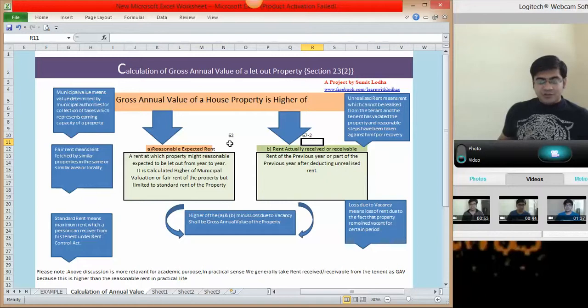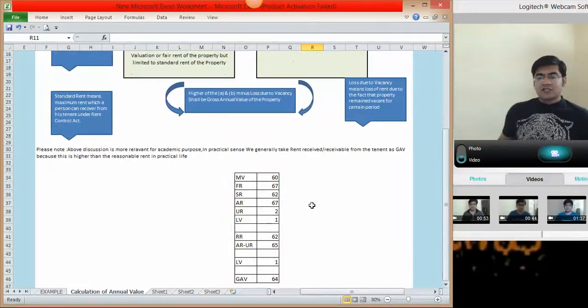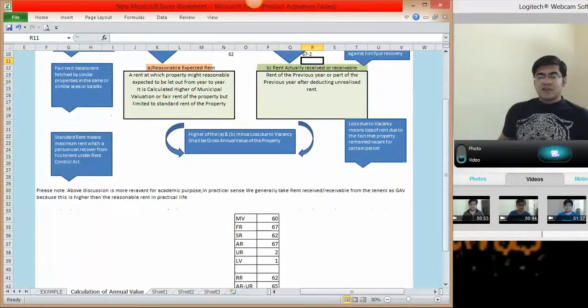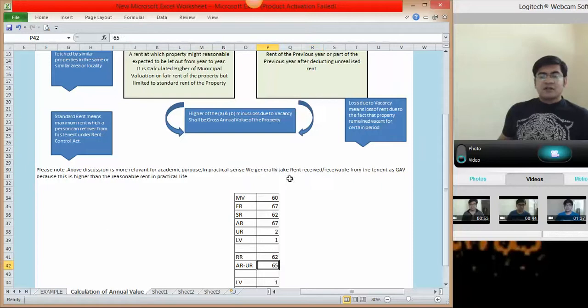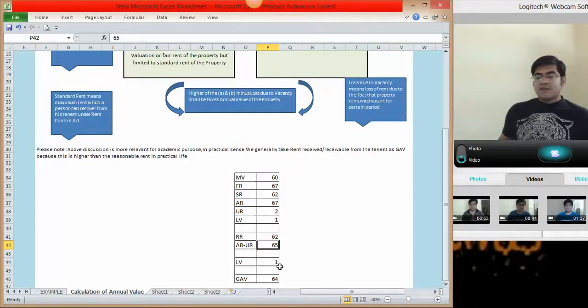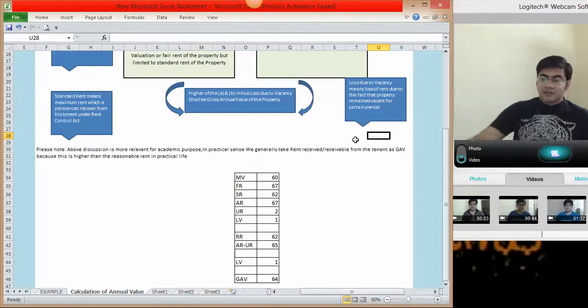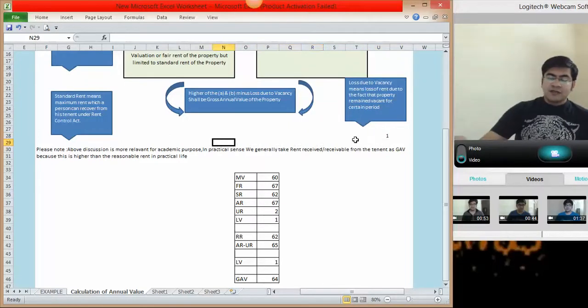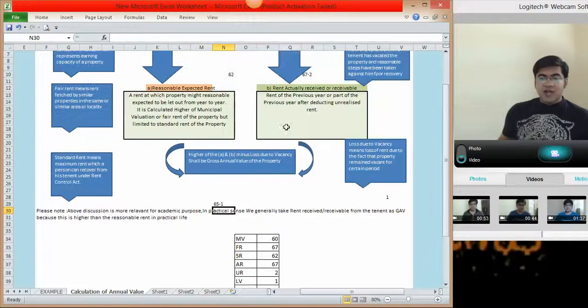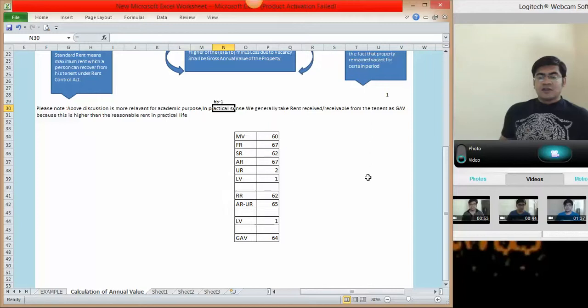Then compare these two, 62 and 65. 65 is higher, and from this figure we subtract loss due to vacancy, LV, which is 1. Then gross annual value will be 65 minus 1. You can see on the screen, the higher of these two is 65, minus 1, this loss due to vacancy. So 64 is my gross annual value.